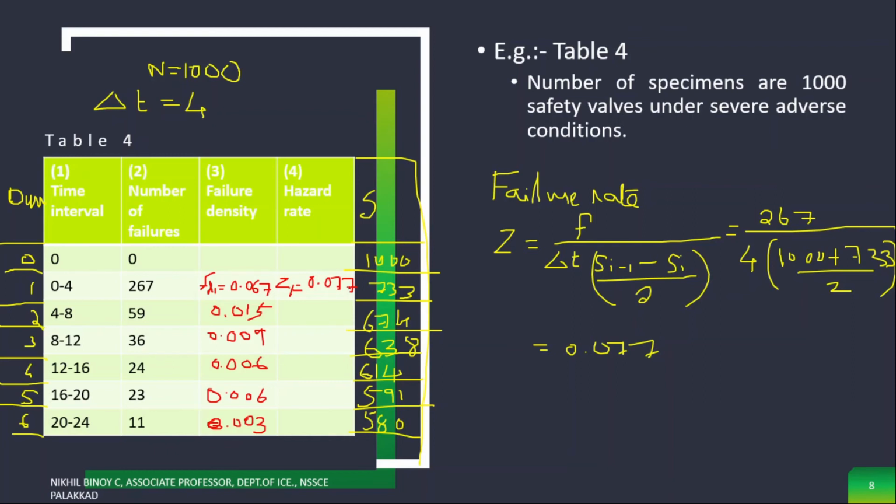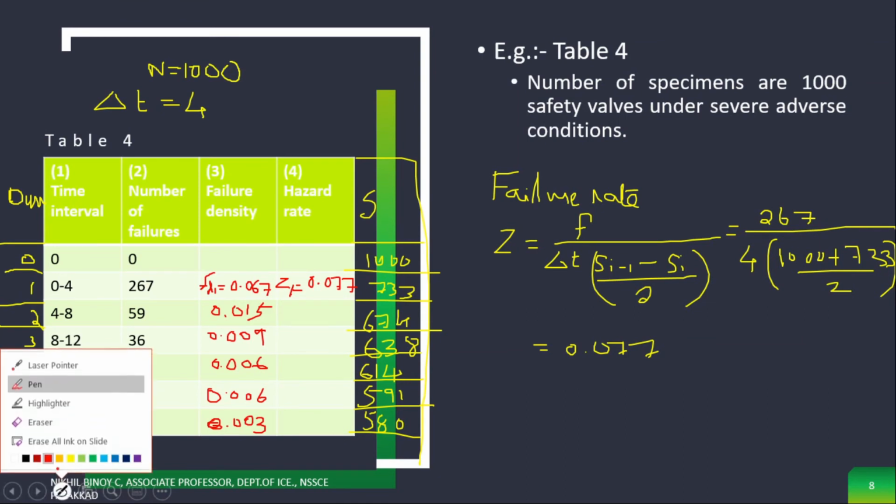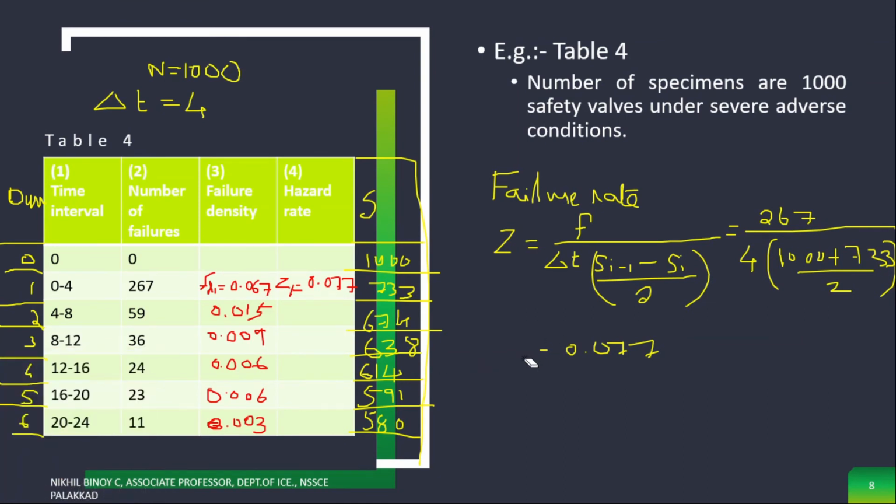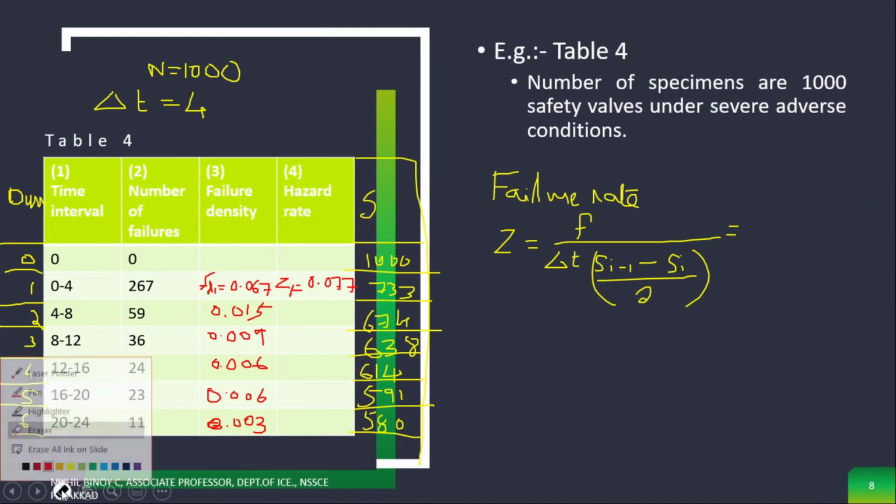Okay. Now what about Z2? Z2 equal to what? Z2 is F, corresponding F is 59, number of failure during the second duration is 59.